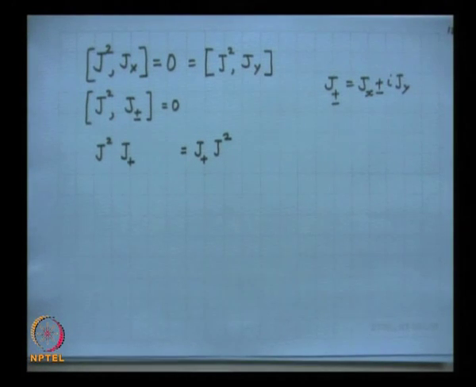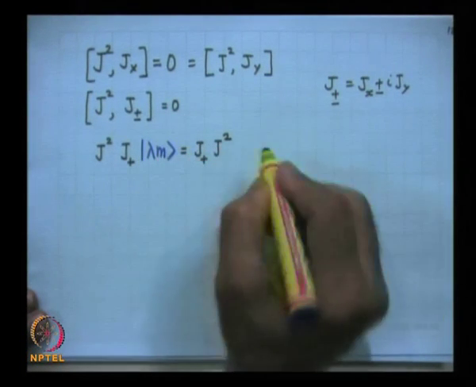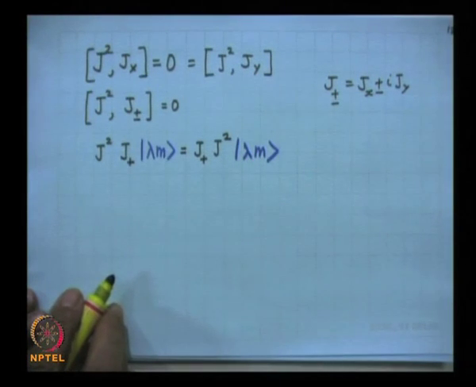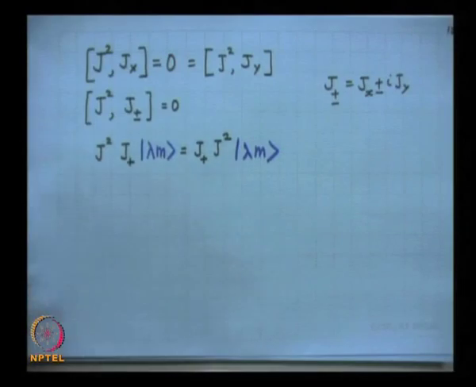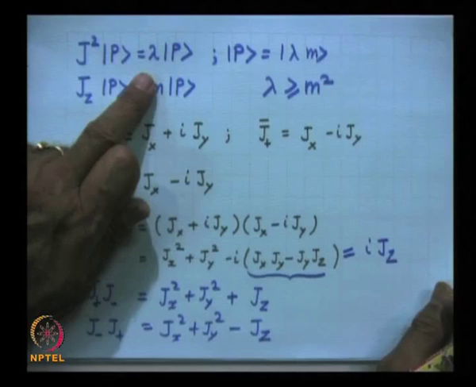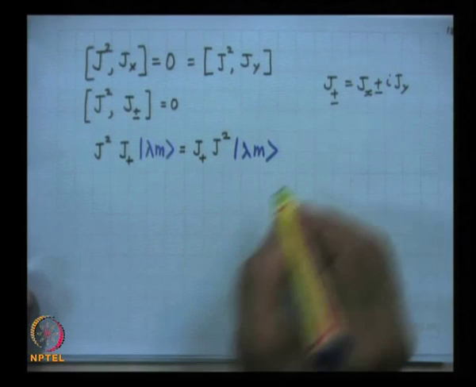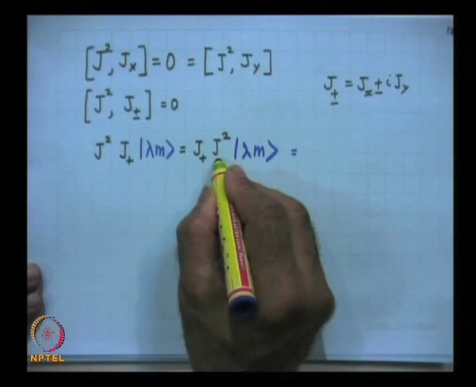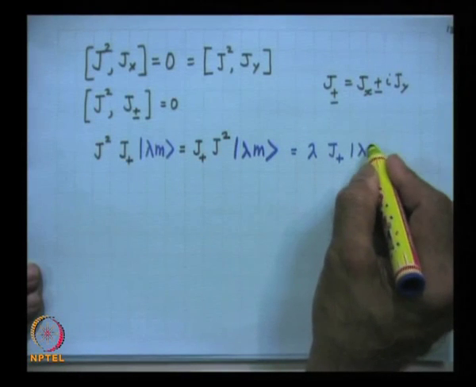I operate this on the eigenket lambda m. Then you see j square operating on ket lambda m is equal to lambda times ket lambda m, because this is an eigenket. So, this becomes lambda, and lambda I can take anywhere. So, lambda j plus ket lambda m.